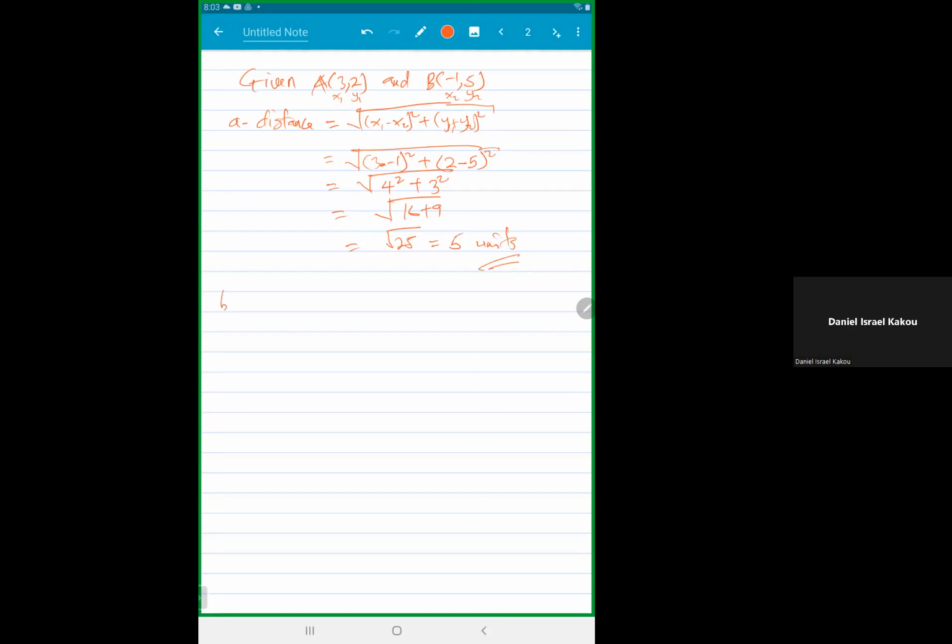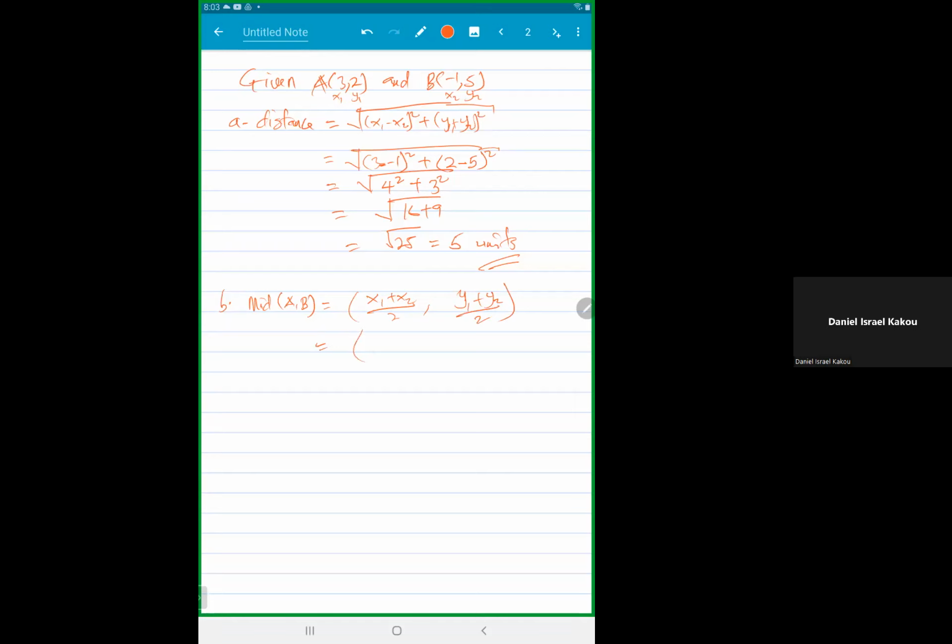Now, part B said we should find the midpoint of AB. I can write it in short as the mid of AB. The midpoint of AB is just finding half of the sum of the x coordinates and half of the sum of the y coordinates.